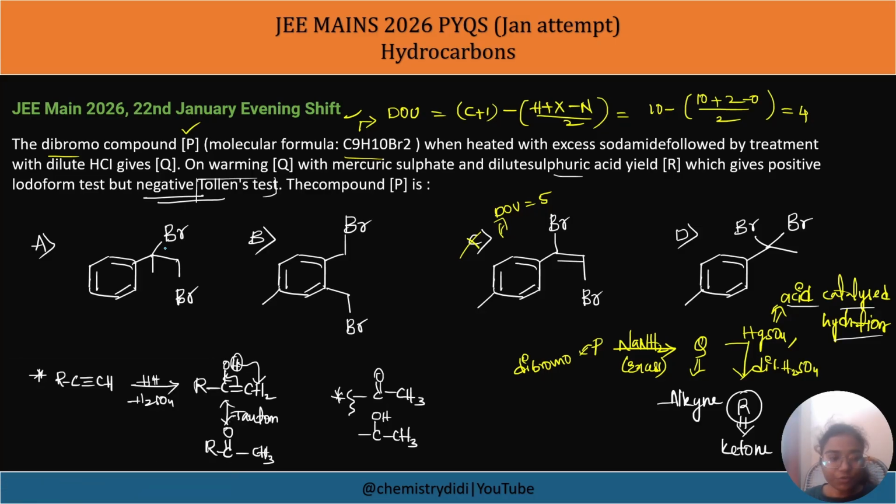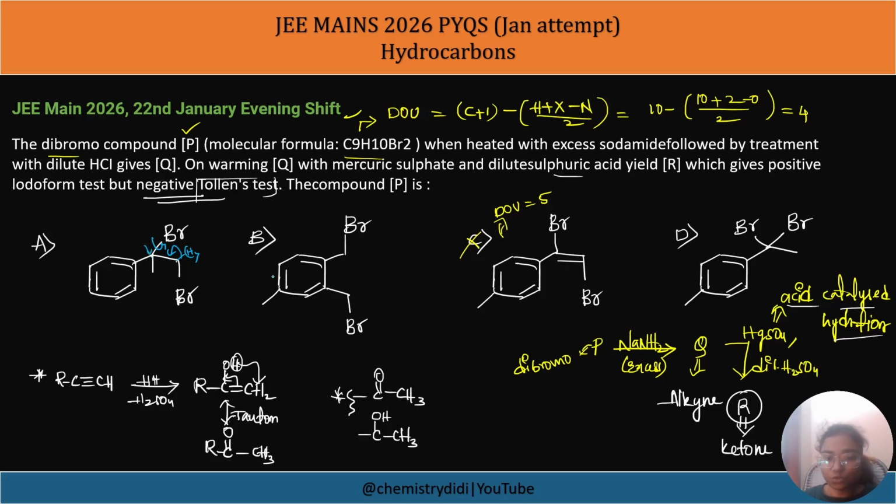So here, if you treat this with NaNH2, what happens here? See here, we'll be having one hydrogen, right? So this will leave, and here this bond shifts towards here, and this will leave. Okay, here we'll get one double bond, and to this carbon we don't have any hydrogen.